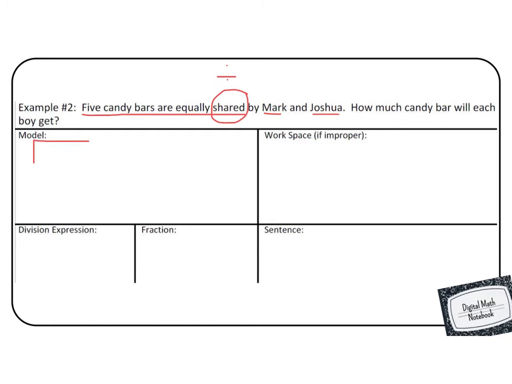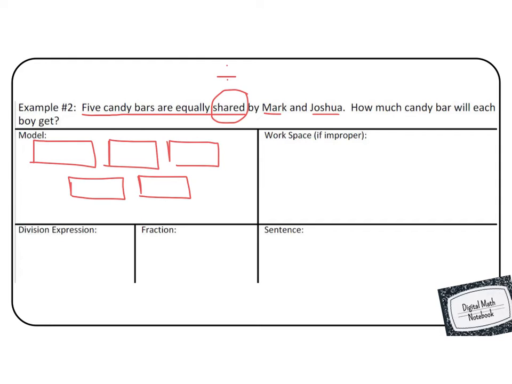I have 1, 2, 3, 4, 5 candy bars, but only 2 boys. So Mark is going to be blue. So Mark gets 1/2. Here's another half. Here's another half. And I'm splitting each one in 2 so that I know that each boy gets half of what we started.